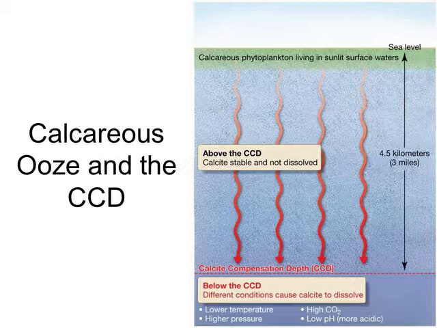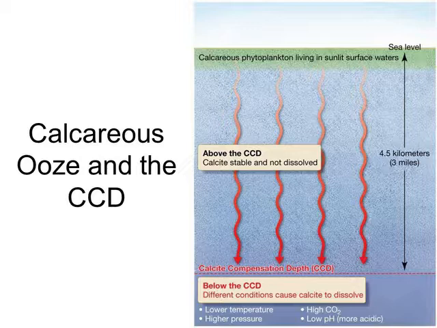And when you have more acidic water, calcium carbonate will tend to dissolve very quickly. So below that point, you don't see any calcium carbonate shells, whereas above the CCD, you see the white speckling.